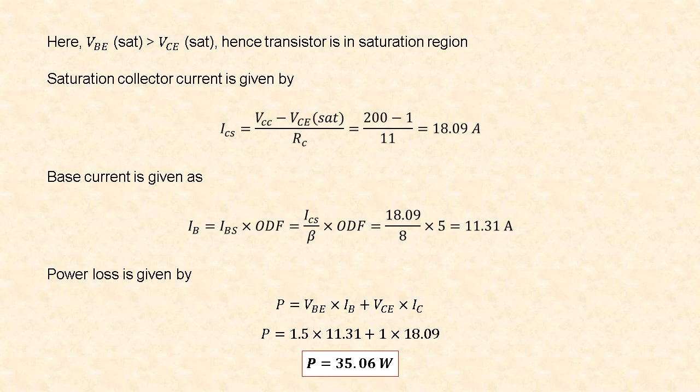Now the power loss can be found by using the formula PT is equal to VBE into IB plus VCE into IC. VBE is equal to 1.5, IB is equal to 11.31, VCE is equal to 1 and IC is equal to 18.09. Substituting these values, we have the power loss as 35.06 watts.